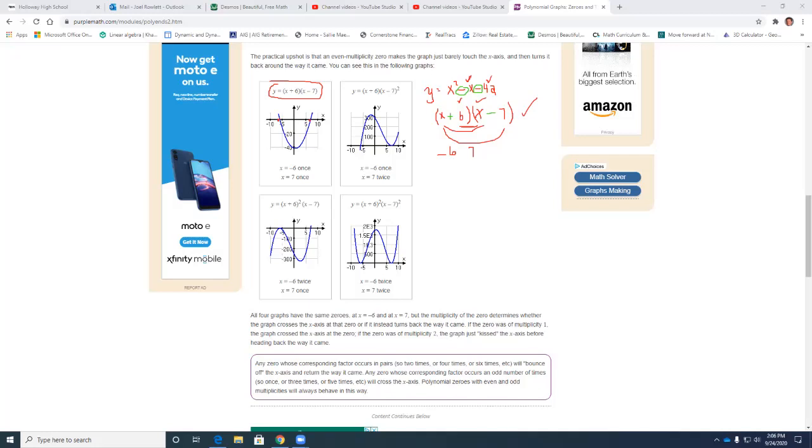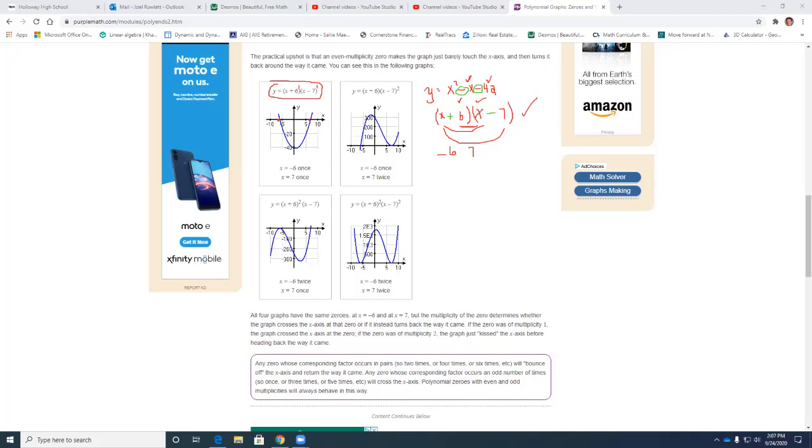If you look at the factored form, if you look outside of the parentheses, technically there's a power of 1 here and here. And since you have a power of 1, that's an odd multiplicity for each of those zeros. If you have an odd multiplicity, it means that it touches that zero and slices all the way through.